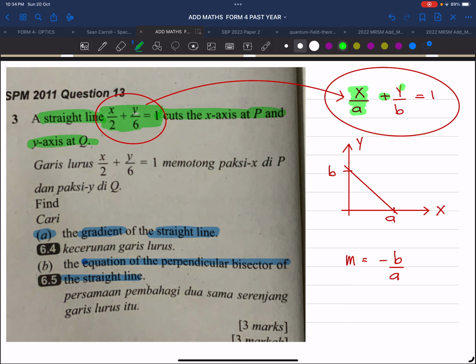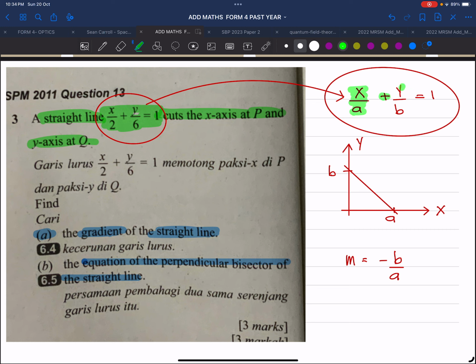That straight line will make intercept. It will cut the x-axis at point A over here, and it will cut the y-axis at point B over here.